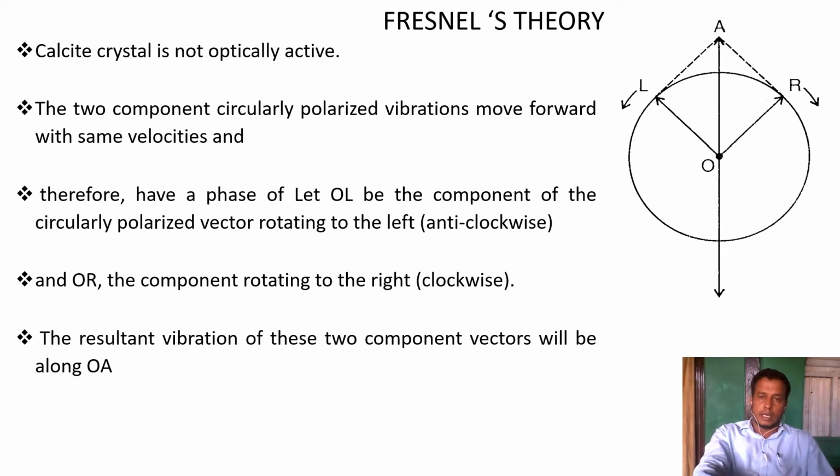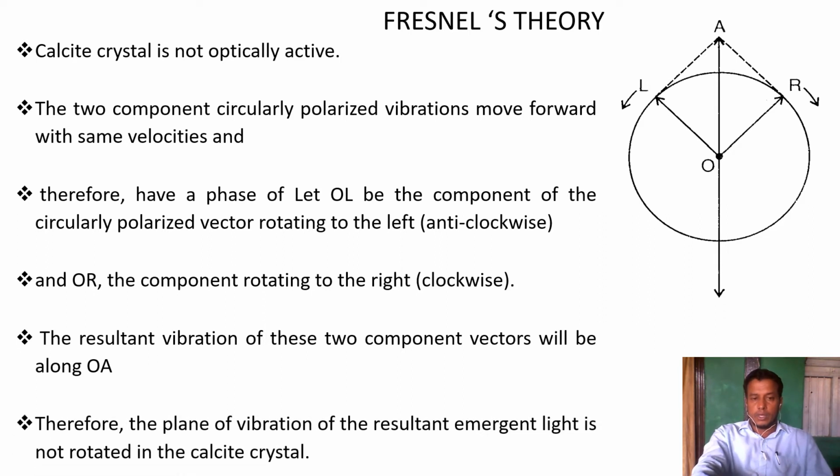OL moves anti-clockwise and OR clockwise, and the resultant motion is along OA. In this way, the emergent light, the resultant of these two, does not rotate in the calcite crystal. It follows the resultant path.